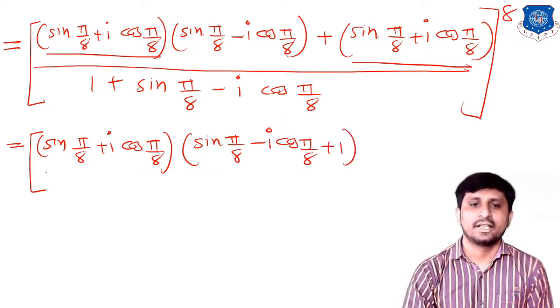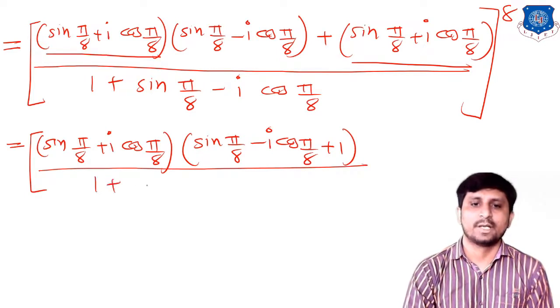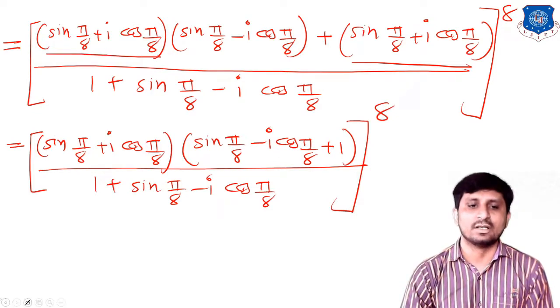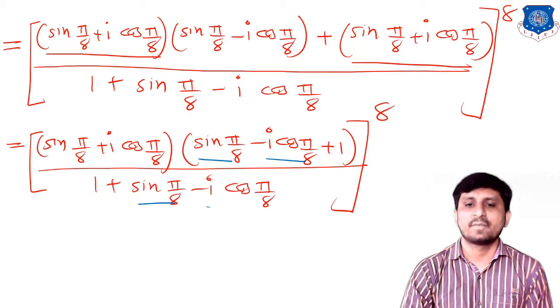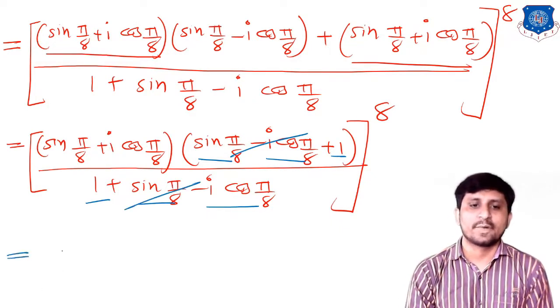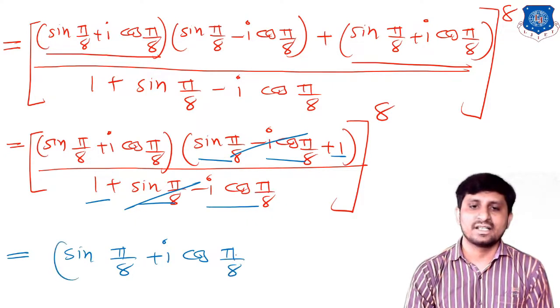And in the denominator we have 1 plus sin pi by 8 minus i cos pi by 8, raised to 8. Now clearly you can see that these two terms are equal. Let me show you with a different color so you can easily understand. These two terms, sin pi by 8, minus i cos pi by 8, and plus 1. So these two terms we can cancel out. Now we have only sin pi by 8 plus i cos pi by 8 raised to 8.